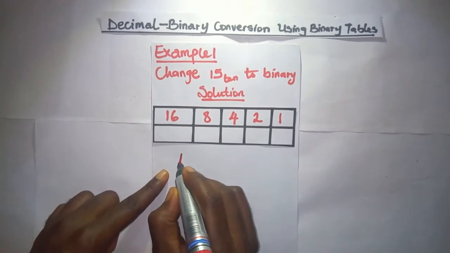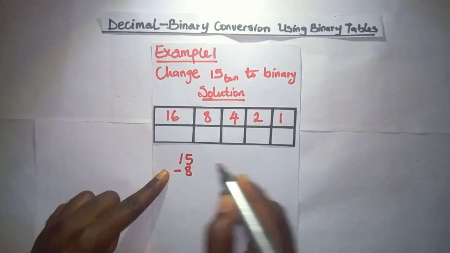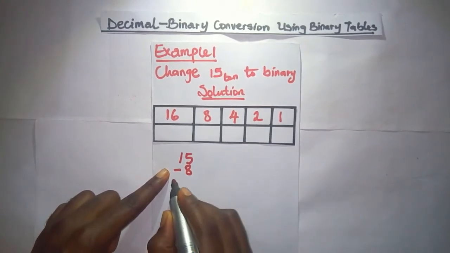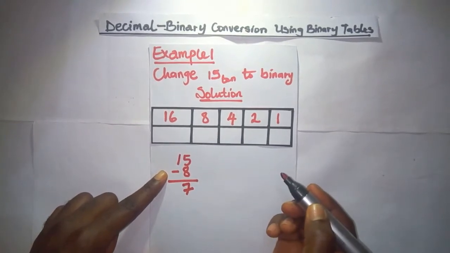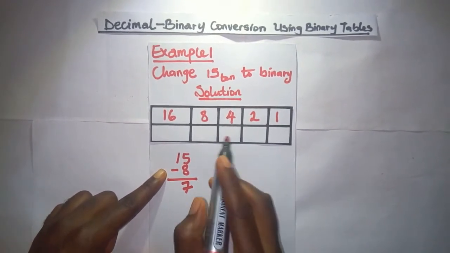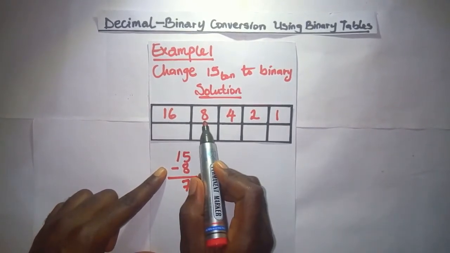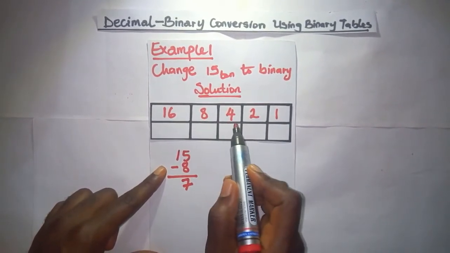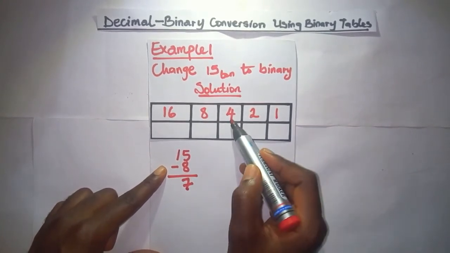So when we subtract 15 minus 8, our answer is going to be 7. Looking at these numbers here, already we have used 8. So the next number that is less than 7 or equal to 7 is 4.